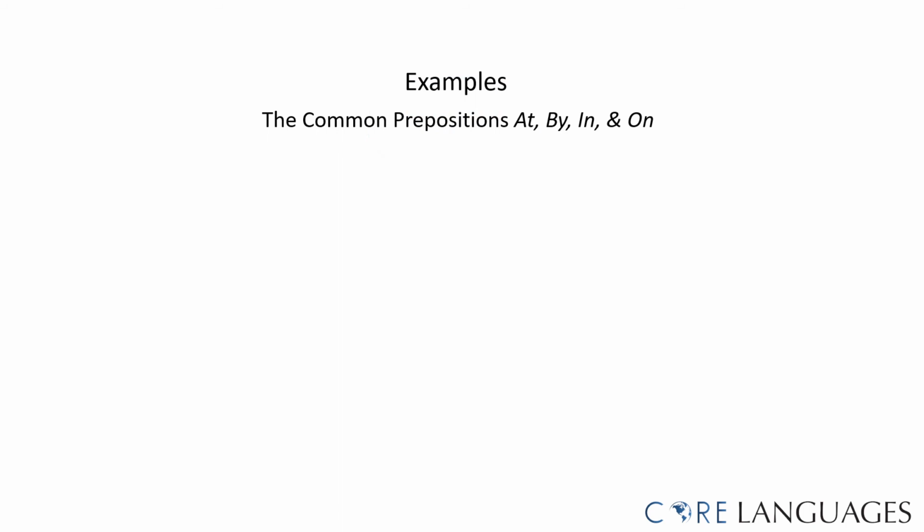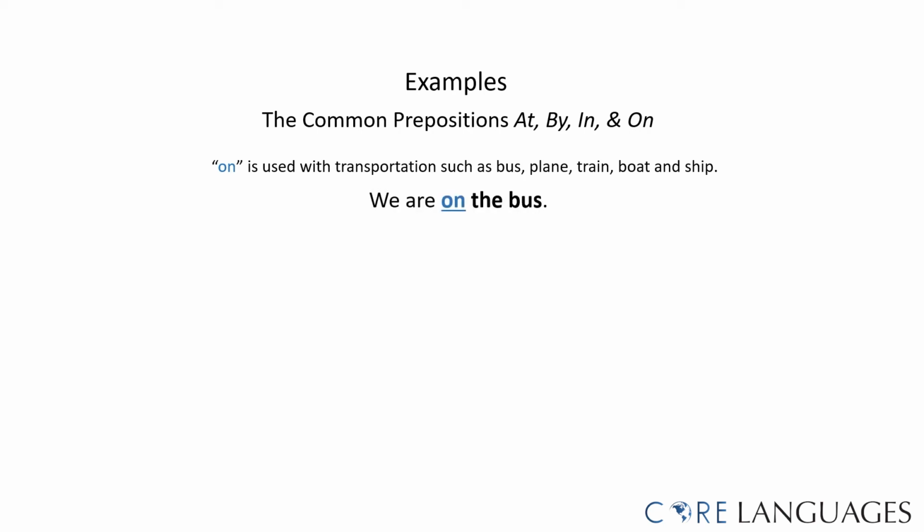The prepositions at, by, in, and on are some of the most commonly used prepositions in English. Here are examples of how they are often used. On is used with transportation, such as bus, plane, train, boat, and ship. For example, we are on the bus, or we are on the plane.